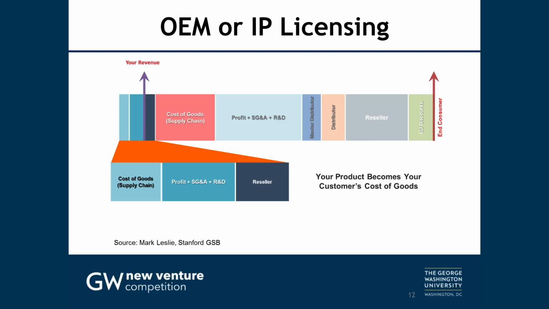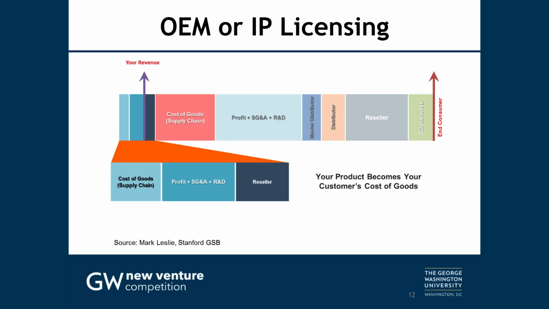One last example. Let's talk about OEMing or licensing your product. If your product is part of somebody else's product, then when you start from the list price on the far right of the screen, the majority of the cost is going to be incurred by the OEM because it's in their product. So all of their reselling, all of their SG&A, all of their cost of goods sold, or most of their cost of goods sold is consumed by their product.